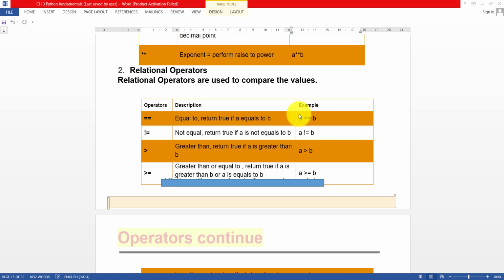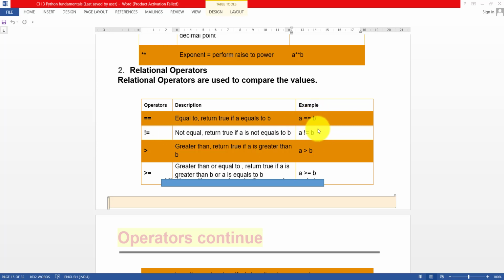If the value of a is equal to the value of b, that will return true. All the relational operators are used for comparison, and the answer comes as a boolean. What is a boolean? Boolean means either you will get true or you will get false. That answer you will get with the help of relational operators.